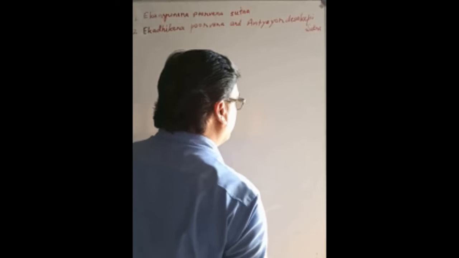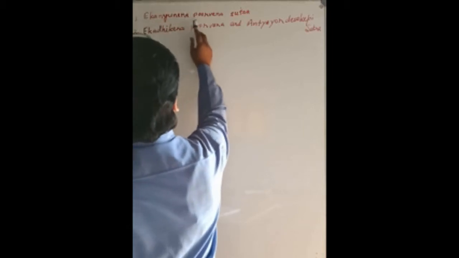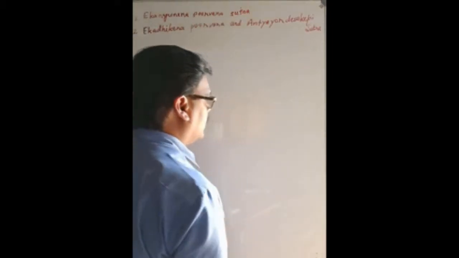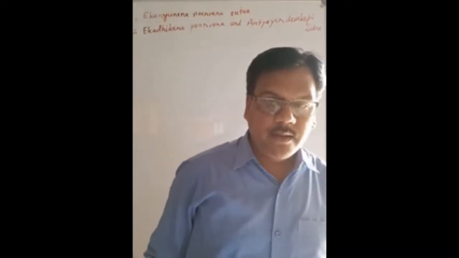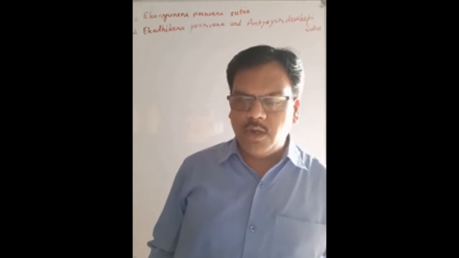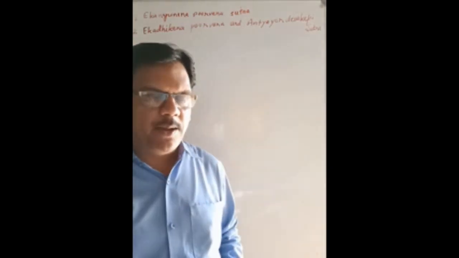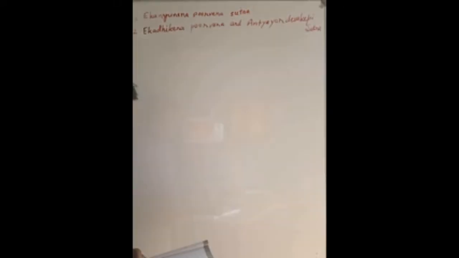Purvena means before. One less than before. This method is applicable only when the multiplier consists entirely of 9.